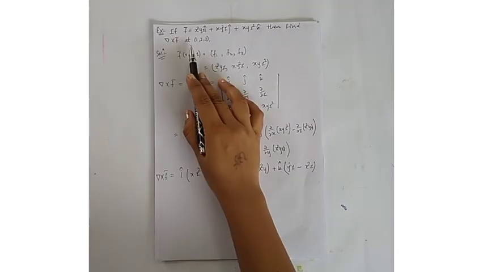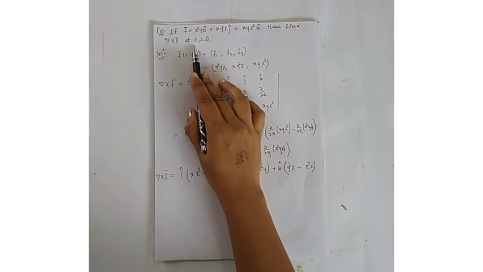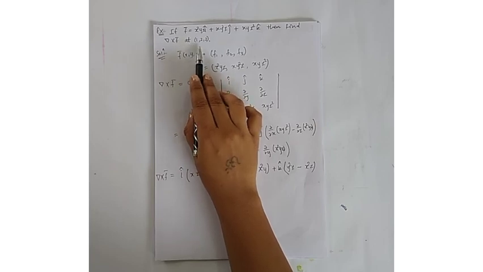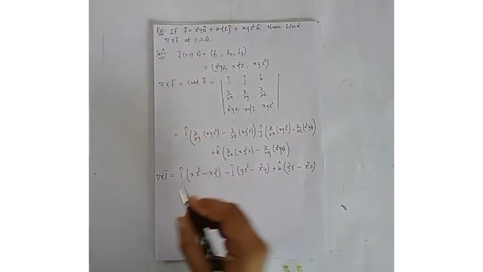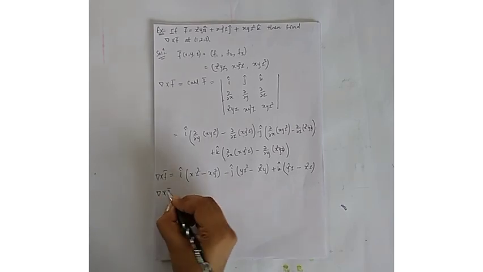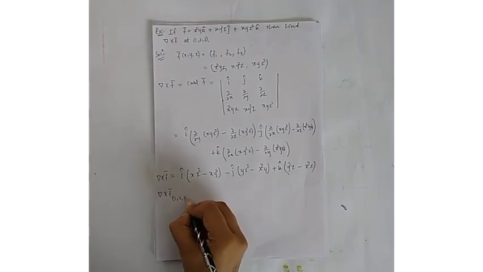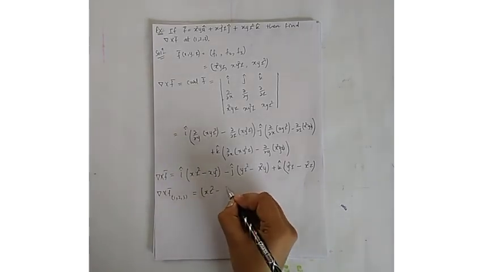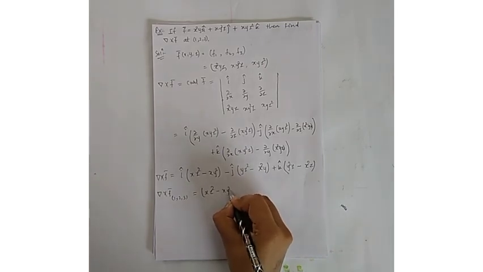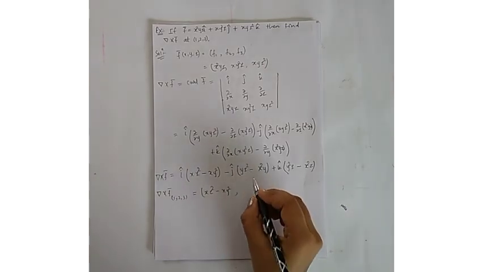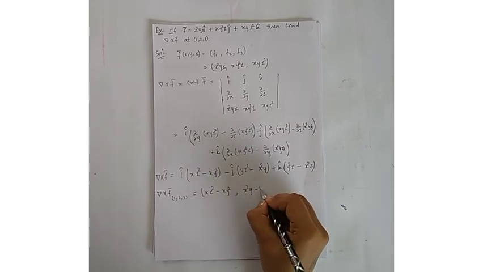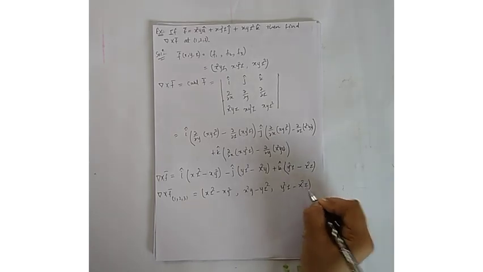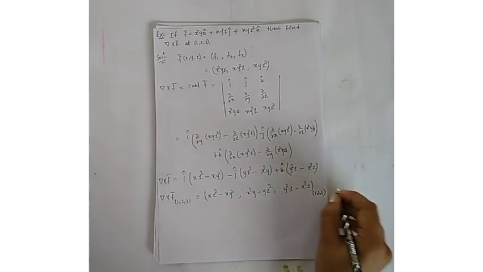So now we are going to find curl f̄ at this point, which is (1, 2, 3). It means put the value x equal to 1, y equal to 2, and z equal to 3. So the curl of f̄ at the point (1, 2, 3) will give xz² minus xy², and applying this minus, here it will become x²y minus yz², and y²z minus x²z at the point (1, 2, 3).